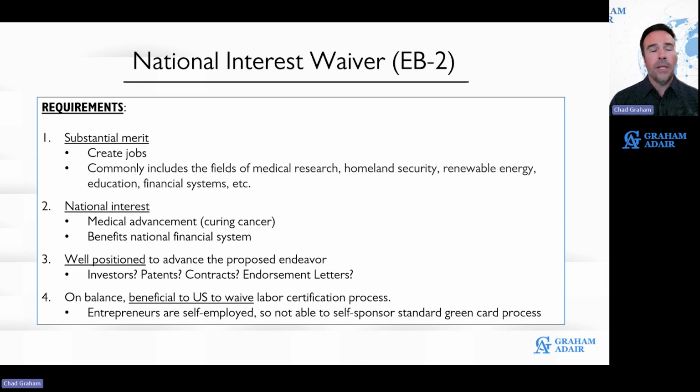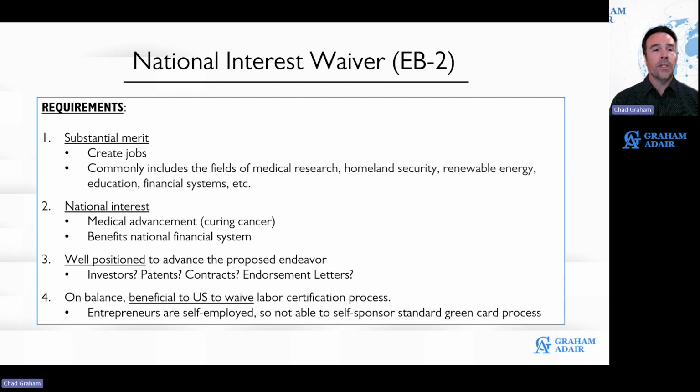If you self-sponsor, meaning you file for yourself, you're not using a company, then you're not tied to any particular company once your green card process is underway. So the first of these is called the National Interest Waiver. Basically, what we're showing is that the work that you're doing is broadly within the national interest of the United States.